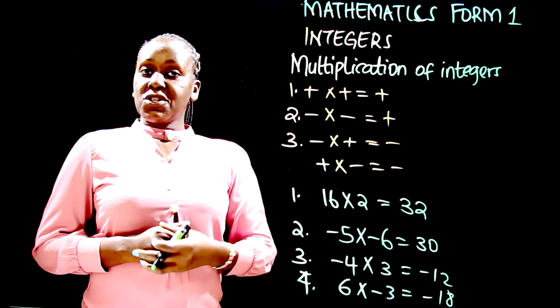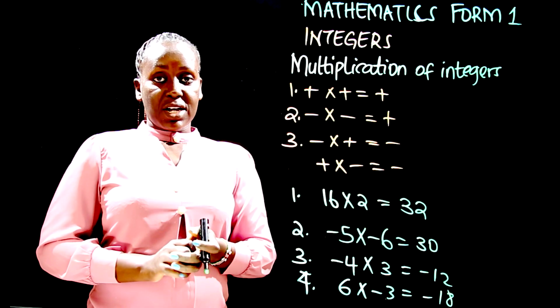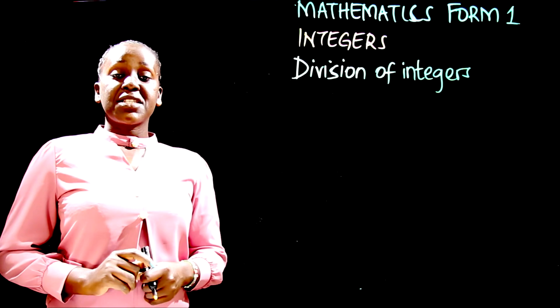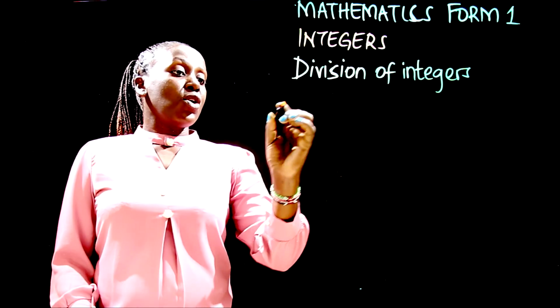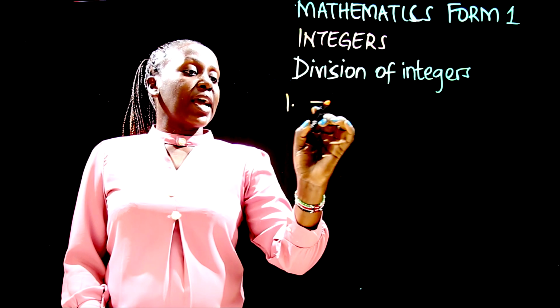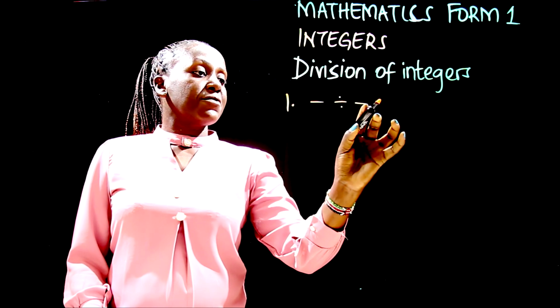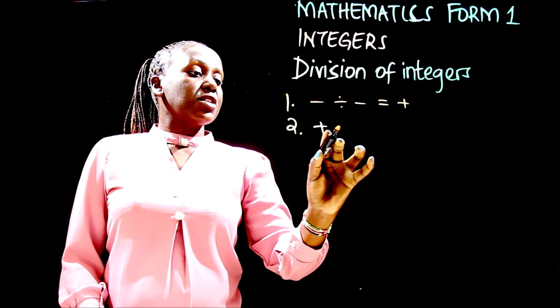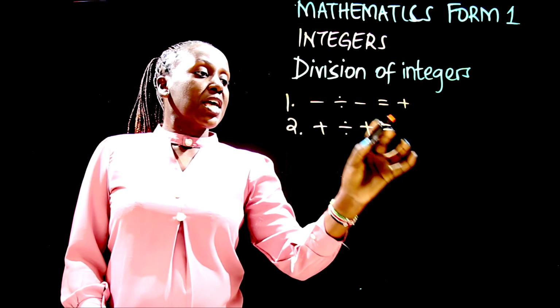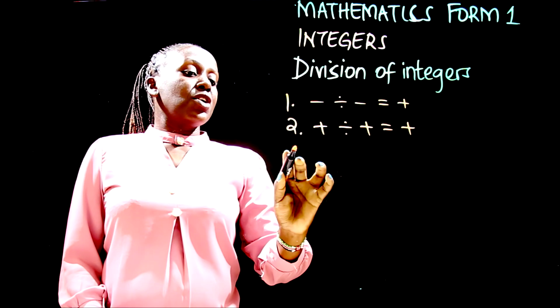So what about division? How do we divide integers? Now, in division of integers, we follow the same rules as multiplication. So rule number 1, negative divided by negative is a positive. Number 2, positive divided by positive is a positive.